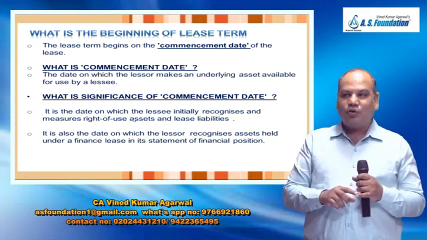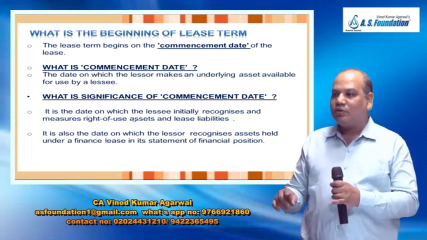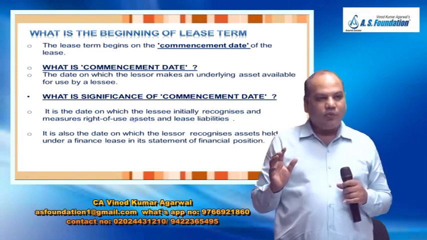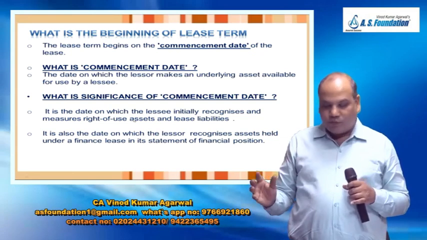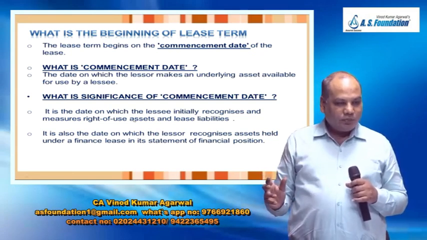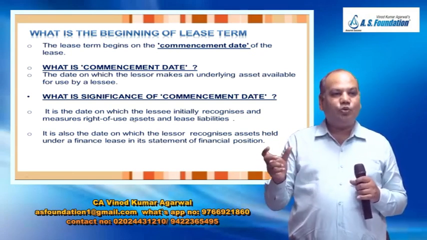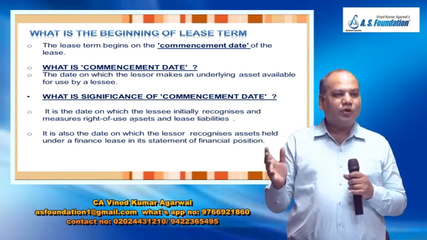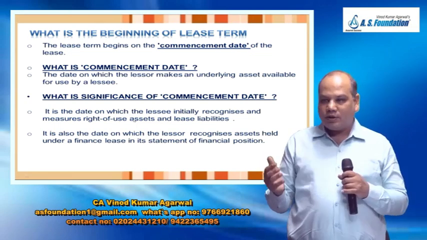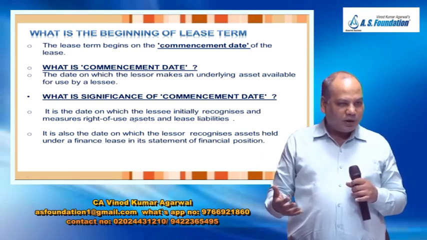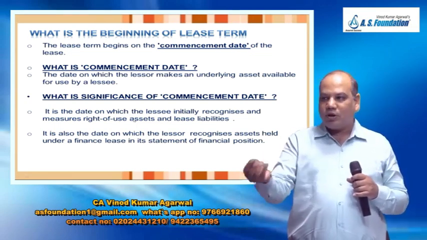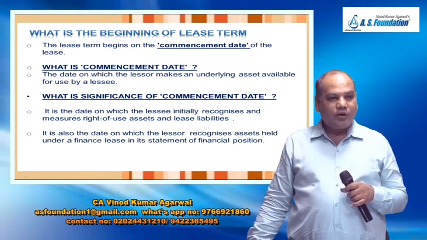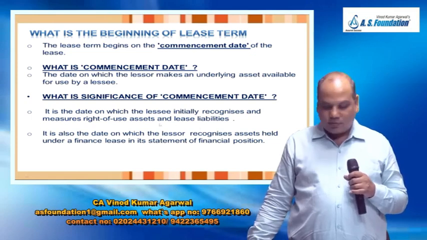Pass the entry: right of use asset account debit to lease liability account. Is it right? So on this date, we will recognize the right of use asset. In this chapter, we will use a new term called right of use asset in the books of lessee for all the leases which we are going to capitalize, except short-term leases. Is it right? And we'll also write a corresponding lease liability.